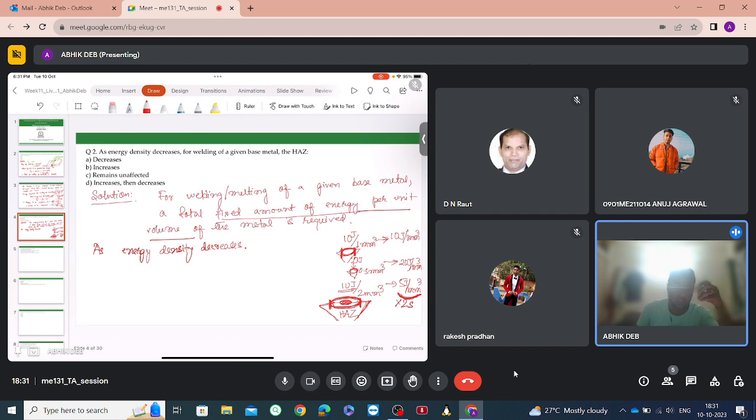Say you can consider that we are concentrating the heat source onto a very small area, then the energy density in that location will be very high, and it will melt faster for a given base metal. If we are now using a larger area, the energy density will decrease, if the same heat is supplied.